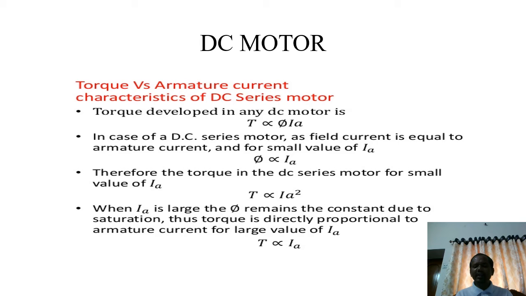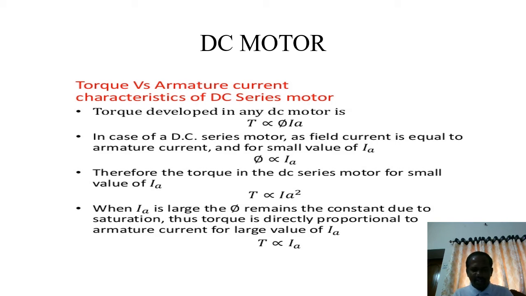Therefore, for a small value of Ia, T is directly proportional to Ia squared. When Ia is large, phi remains constant due to saturation. The torque is then directly proportional to the armature current, so T is directly proportional to Ia.